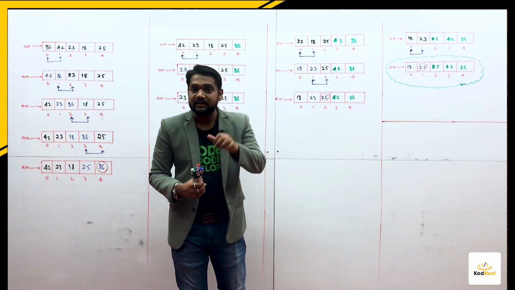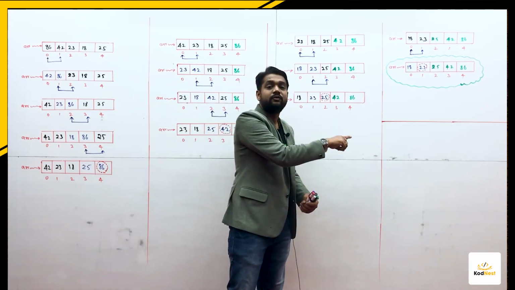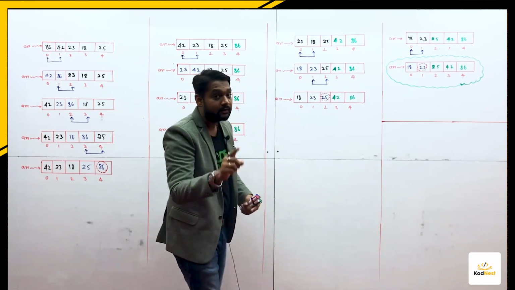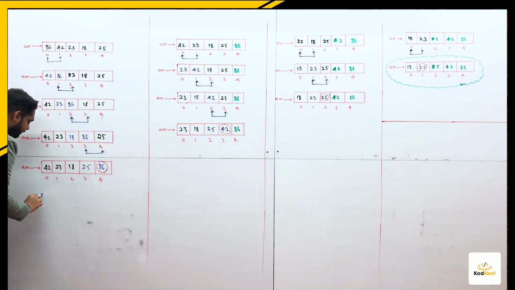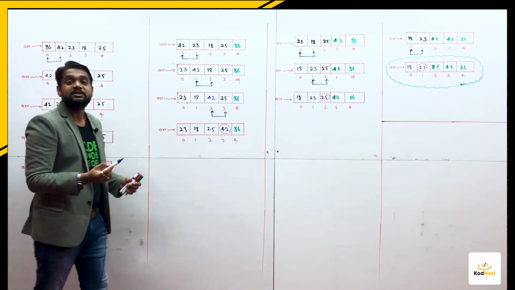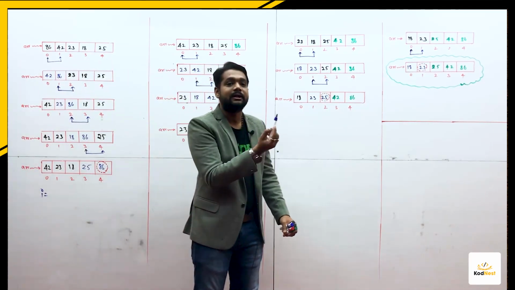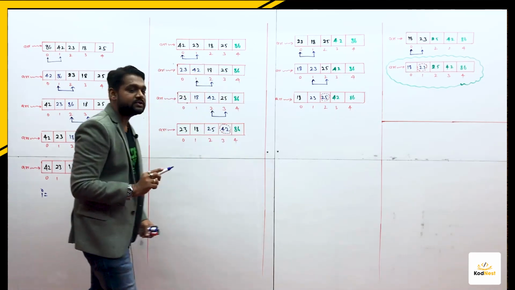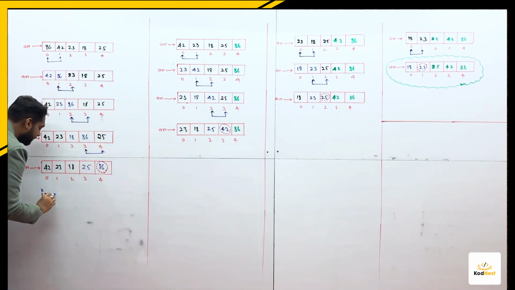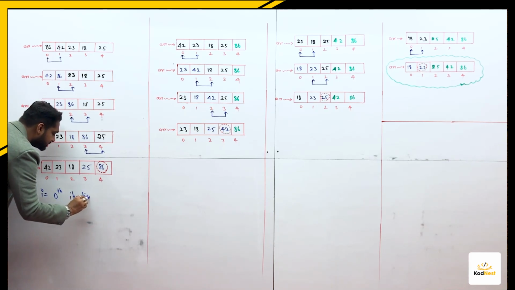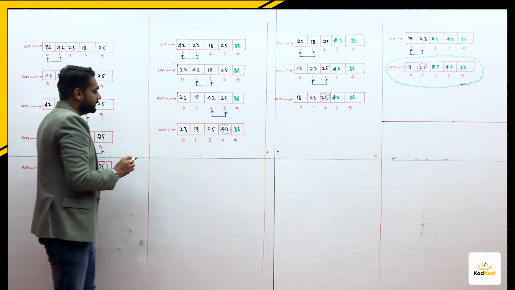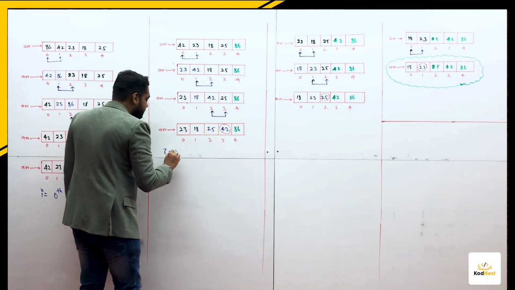So 5 elements are there, means 4 iterations you have to do. But say supposing, let variable I take the responsibility of counting the iterations, and let I start from 0. This is the 0th iteration. This is the first iteration.